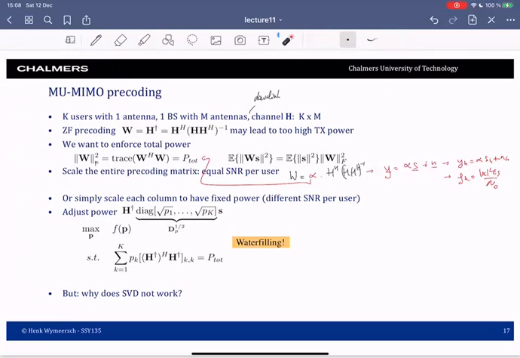Maybe you don't want that. You can actually do something better by adjusting the power as follows. So by choosing W to be H Hermitian times a scaling matrix here, where you put powers on the diagonal.